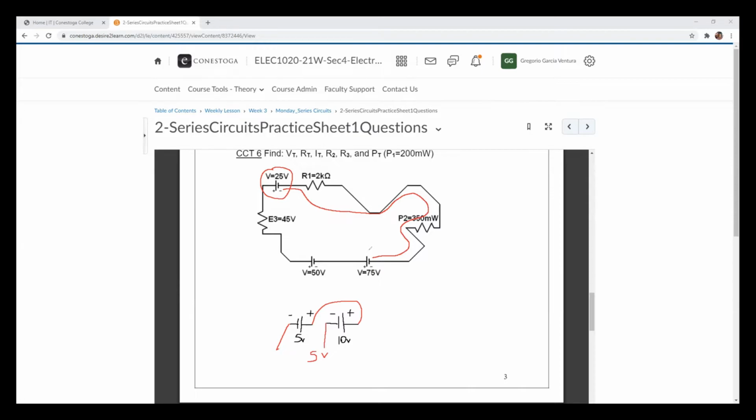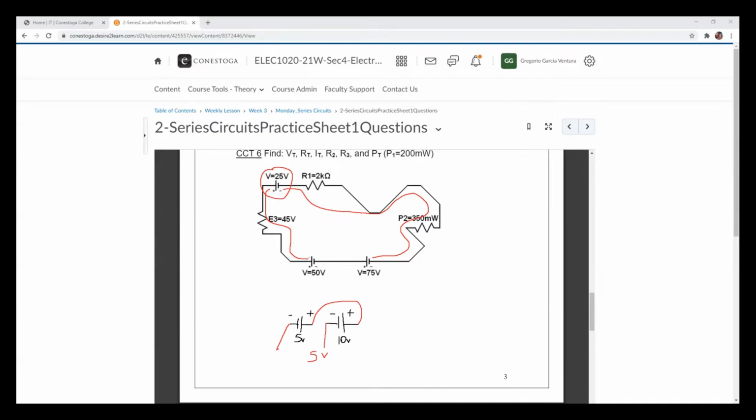So that means that those two batteries are connected in subtractive polarity. Okay, and also if we go on the other side and we just draw a line along the path, we can see that this positive is connected with that positive again. We can see that the power source that I encircled is connected in subtractive polarity.